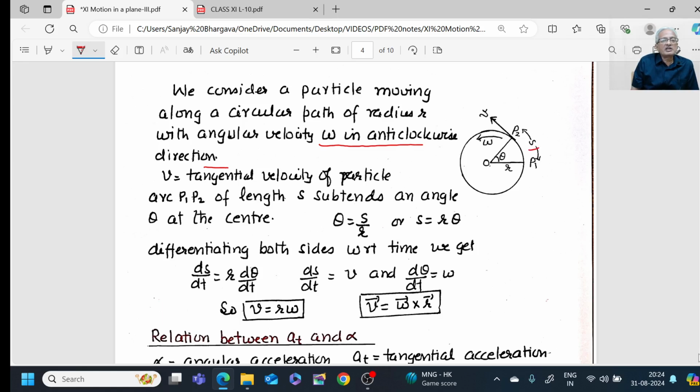V is the tangential velocity of the particle. Arc P1P2 of length s subtends an angle theta at the center. So theta would be equal to s upon r, so s would be equal to r theta. You can differentiate both sides with respect to time. So ds by dt would be equal to r, that is radius constant, times d theta by dt. And remember, ds by dt is nothing but velocity and d theta by dt is omega. So the relation is v is equal to r omega. In vector form, it can be written as v vector is equal to omega cross r.